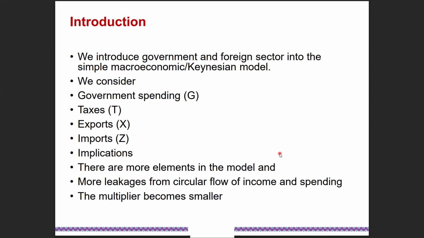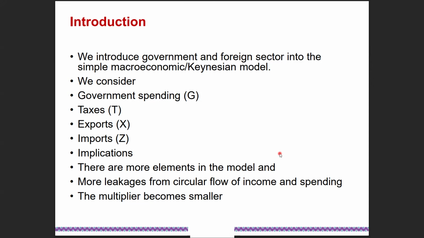To further explain his idea, he came up with the Keynesian model, and in chapter 17 we looked at the simple Keynesian model, where we only have two sources of spending, which are the households and the firms.